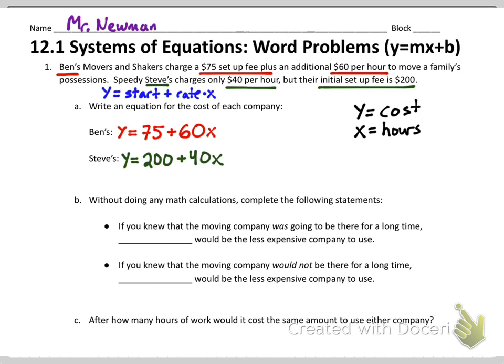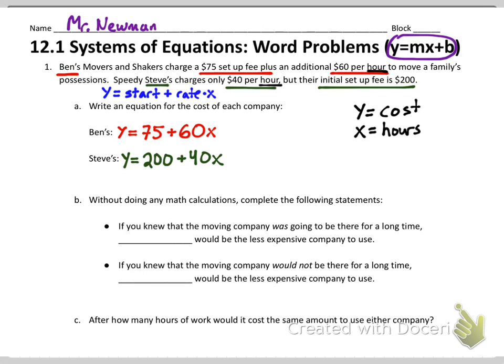For x, that's just the number of hours. I can get this because you see the per hour there. Whatever that is per, that will be the value that you're multiplying by the rate to determine how much that costs or how much you have. So whatever it's per, that's usually the x value.